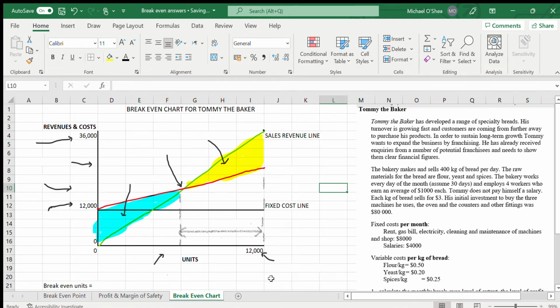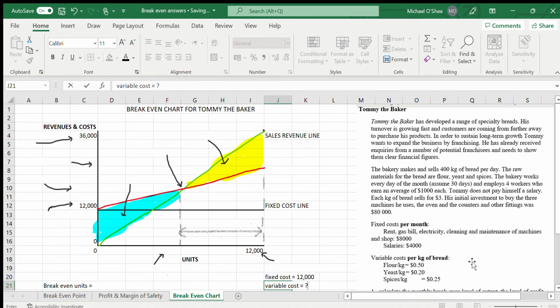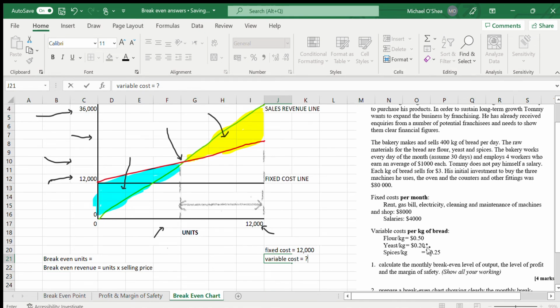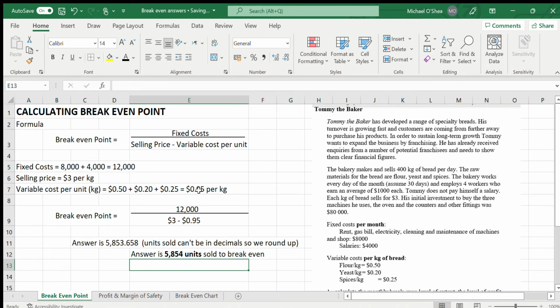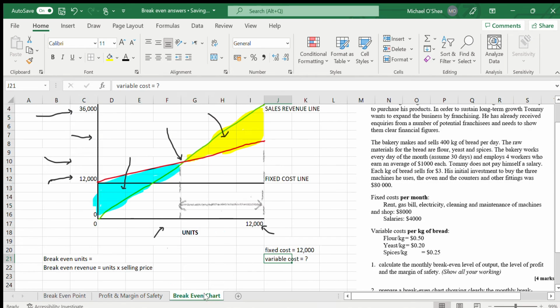And so if I just show this out here, fixed costs are equal to 12,000. Okay, variable costs, we don't know how much they're equal to, but it's pretty easy to find out because the variable cost per unit is these three things, which we've already added up at the very start, to be 95 cents per unit.